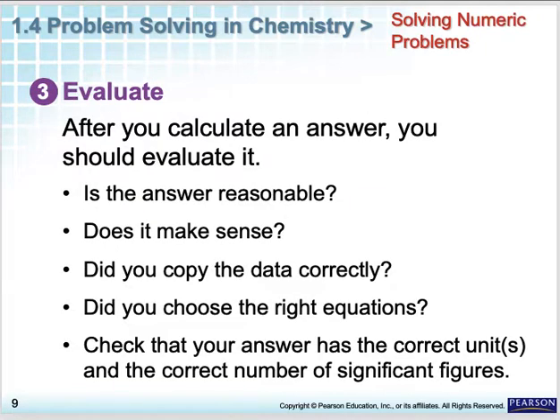So after you calculate an answer, you have to look at it and say, does that answer make sense? I asked some students at Christian Brothers to convert the speed, I think it was Michael Phelps or Mark Spitz, one of the great swimmers, from meters per second into miles per hour.